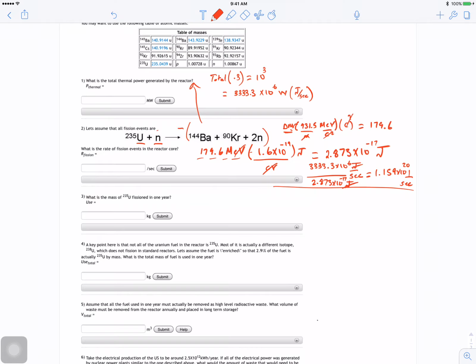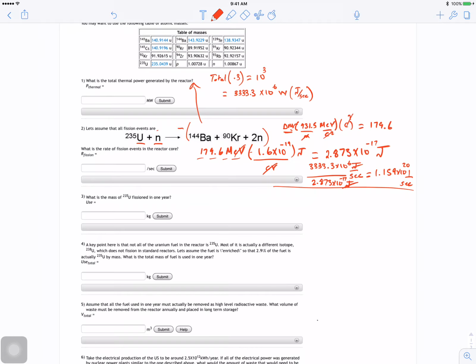Now for number 3, what is the mass of uranium-235 fissioned in 1 year? Let's change this to a year.